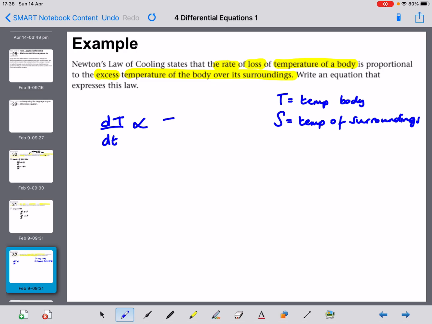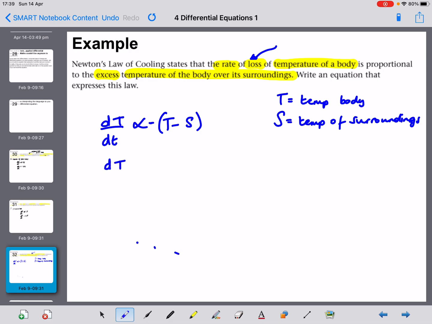So that's going to be T minus S. The only thing I've not mentioned is the fact it's the rate of loss, so that needs to be negative. Okay? So that's the statement.